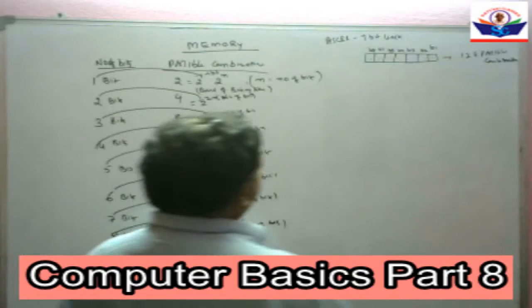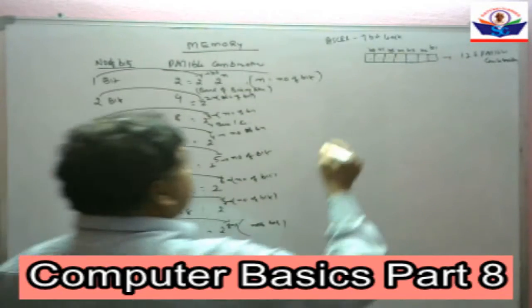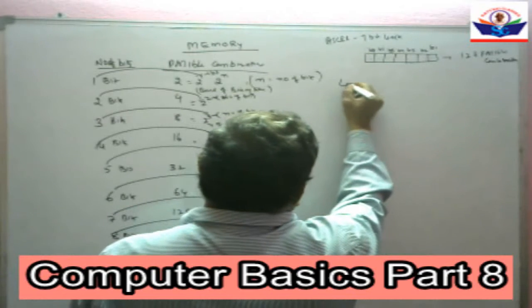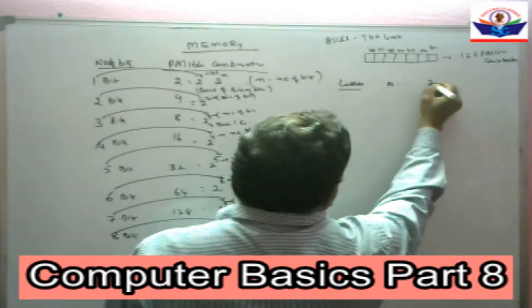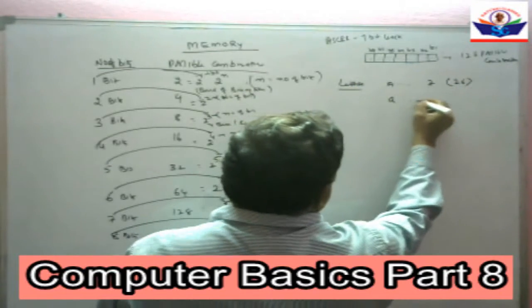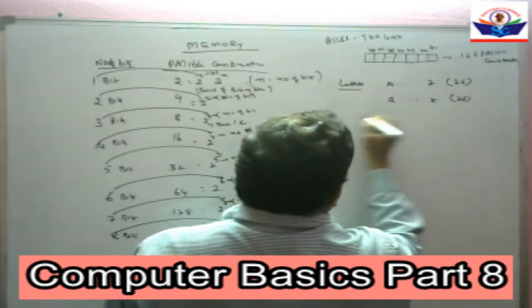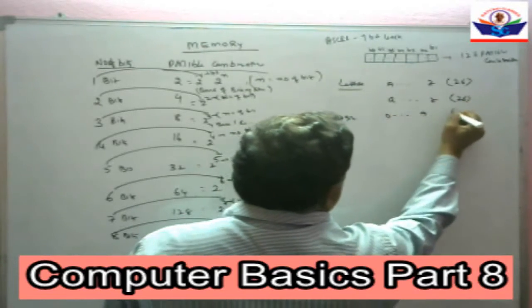We can type mathematical symbols, symbols in physics, symbols in chemistry. So, letters: capital A to capital Z, 26. Small a to small z, 26. Digits 0 to 9, 10.